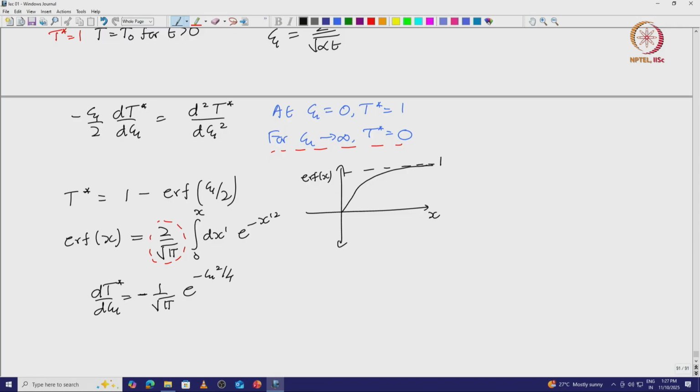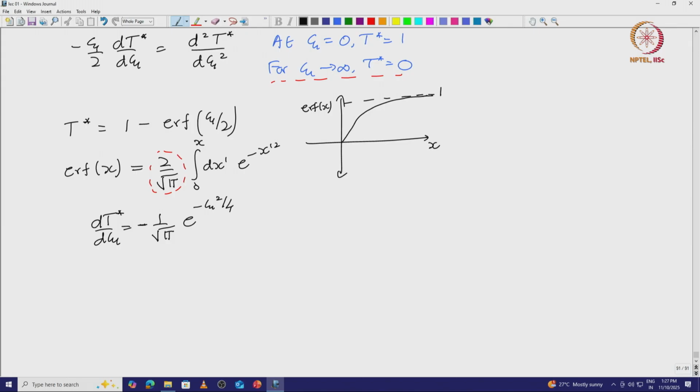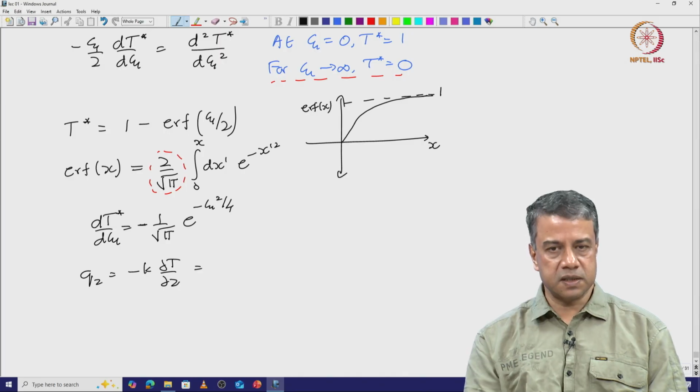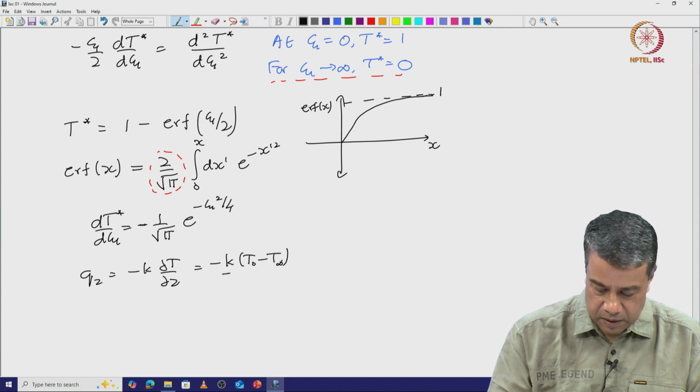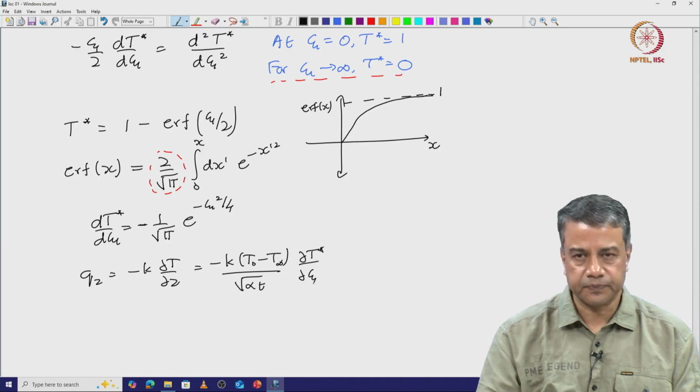From this we calculated the heat flux. The heat flux was given by Qz is equal to minus K partial T by partial z. Expressed back in terms of the scaled temperature and the similarity variable, it is minus K into T naught minus T infinity by root alpha t partial T star by partial psi.